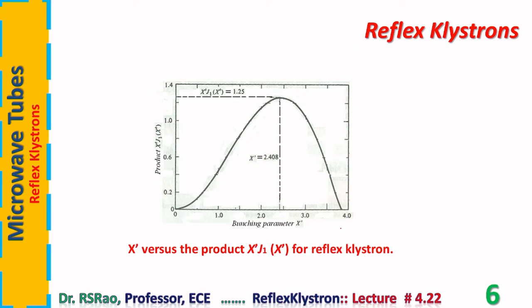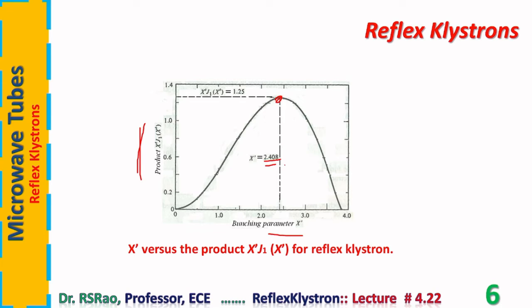Notice efficiency is associated with the product x prime J1 x prime. If we sketch a graph between x prime and the product x prime J1 x prime, we can notice the graph starts at 0, 0, and assumes maximum value at a particular value of x prime. That value is 2.408.